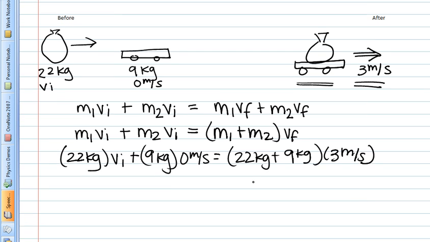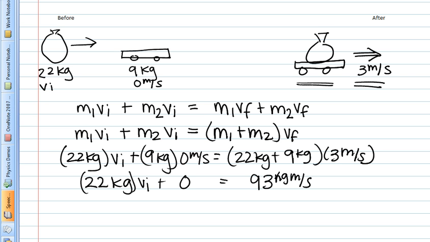When we calculate that out, we find over here we had a total momentum of 93 kilogram meters per second equal to 22 kilograms times initial velocity plus 0 momentum.